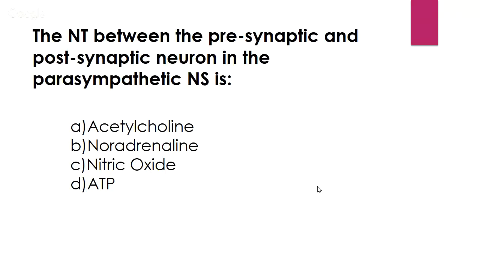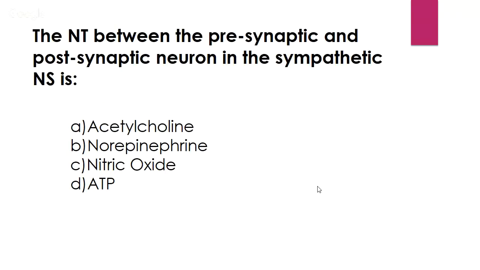Acetylcholine? Yeah, whoever said that. Yeah, there you go. That was better. Someone find my elephant. All right, acetylcholine. So the neurotransmitter between the presynaptic and postsynaptic neuron in the sympathetic nervous system is?